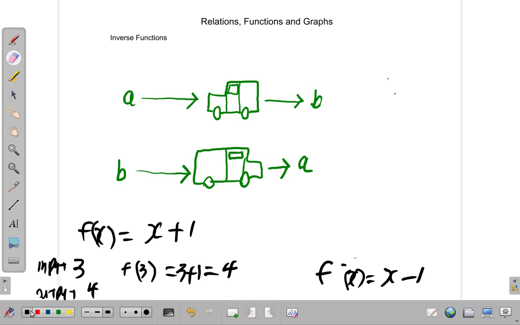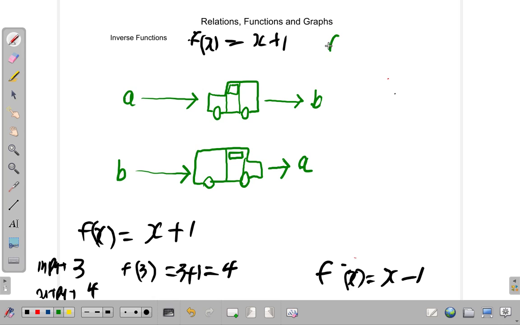Okay, so up top here, let me write my function, f of x equals x plus 1. That was my function.